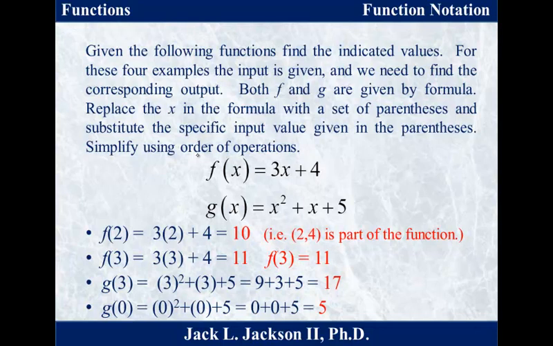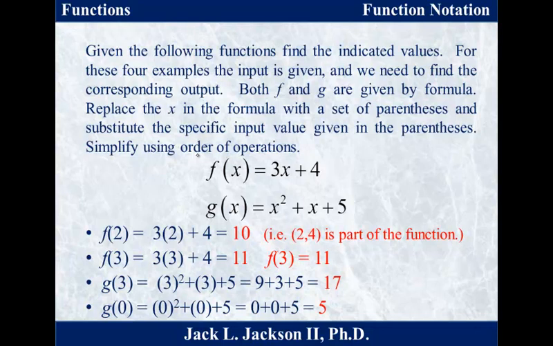Now, the next one I need to find the g. That's also the output, but it's of the function g. So again, you take the same idea, but it's a different formula this time. This time we have x squared plus x plus 5. And so we take the x and replace it by parentheses with a 3 in it. So g of 3 is 3 squared plus 3 plus 5.